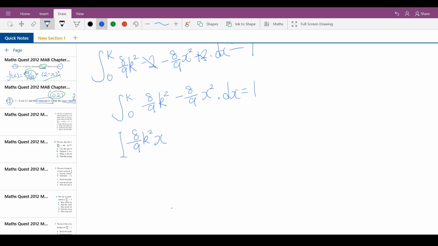There's no x in there. And then for this one, you increase the power and divide by the new power, so divided by 9 times 3. And that gives you the area. So we get 8 over 9 k squared x minus 8x cubed over 27.